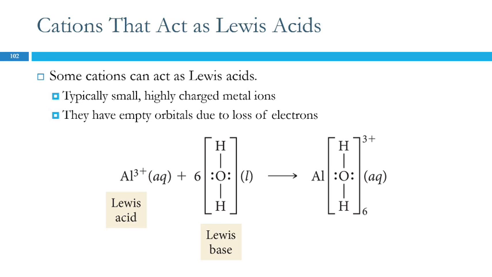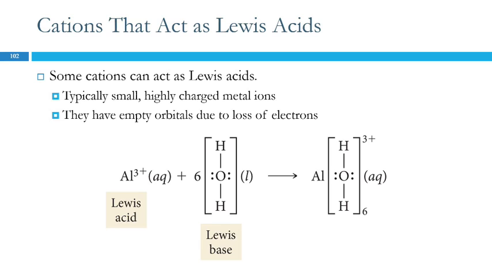So we talked about molecules with incomplete octets, molecules that can rearrange their electrons, and then also some cations can act as Lewis acids. So these are generally small, highly charged metal ions. Does that sound familiar? On Monday, we talked about different cations and anions that act as acids and bases. And we said there were 2 small, highly charged metal ions that you needed to remember.